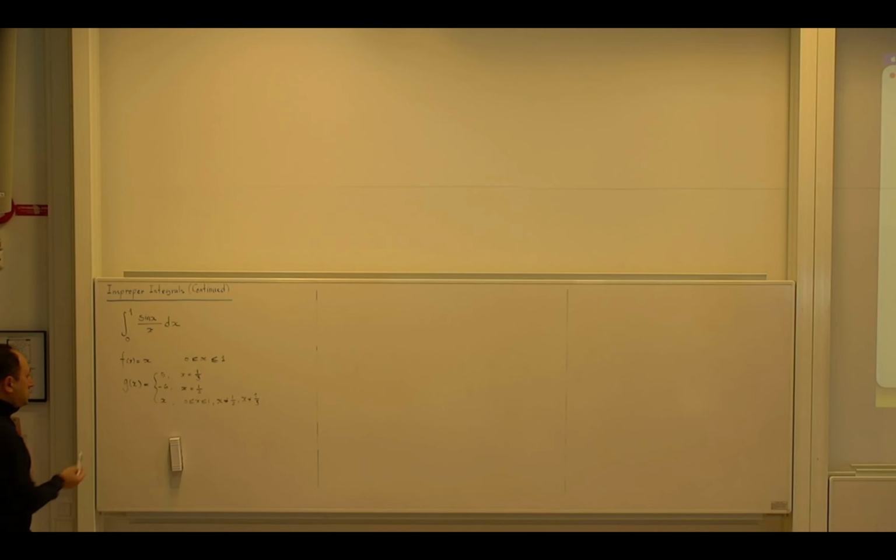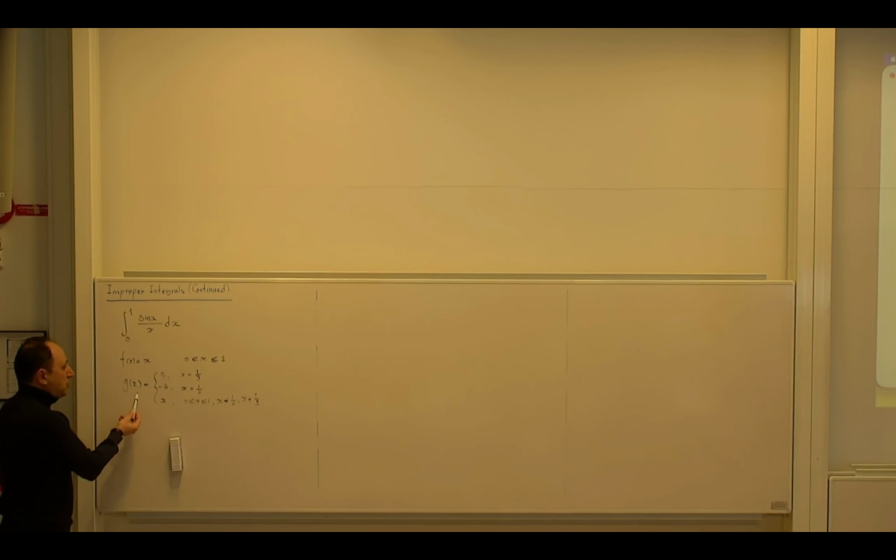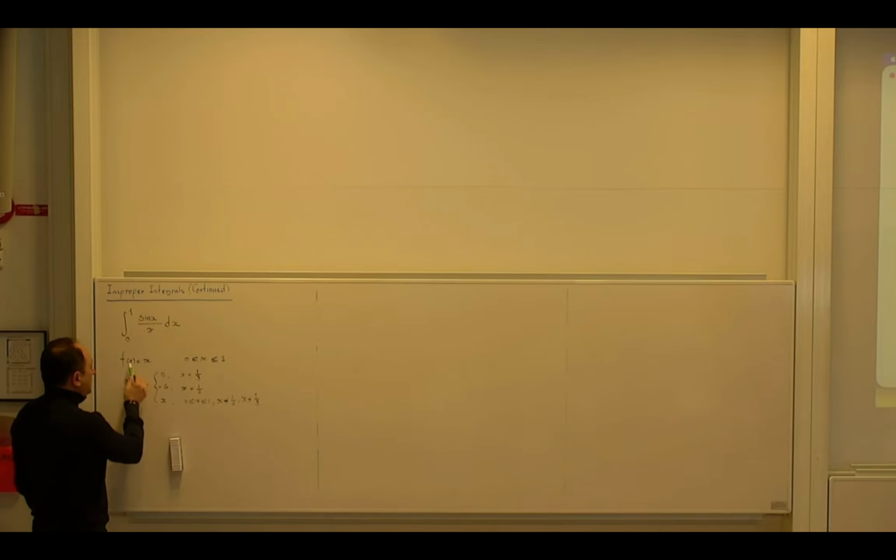So, can you see that this function is almost the same function? It only differs at 2 points. Because if I ask you what is f of 1/3, the answer is 1/3, but g of 1/3 is defined to be 5.